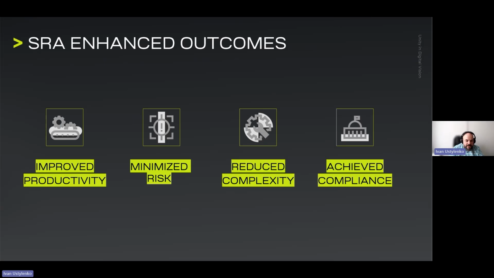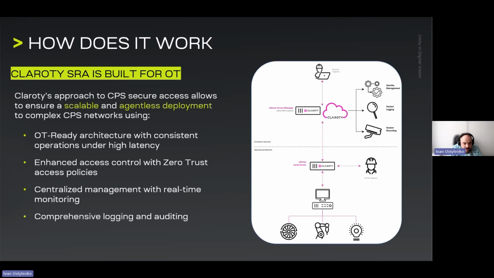to deliver these outcomes. So the SRA, as I've said, has been specifically designed for OT to address the existing limitations and facilitate a seamless experience for engineering and security teams in working together to maintain secure remote access to the OT infrastructure. Basically, the main thing is that the deployment of Clarity remote access is agentless.